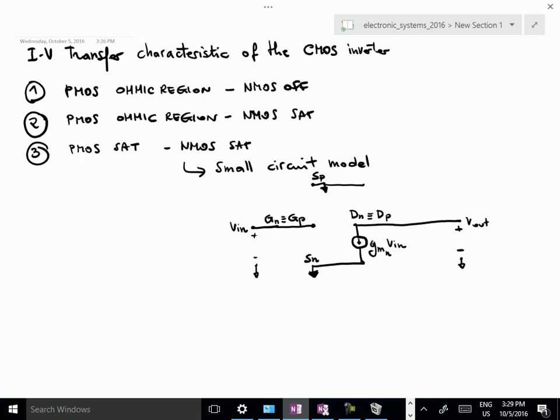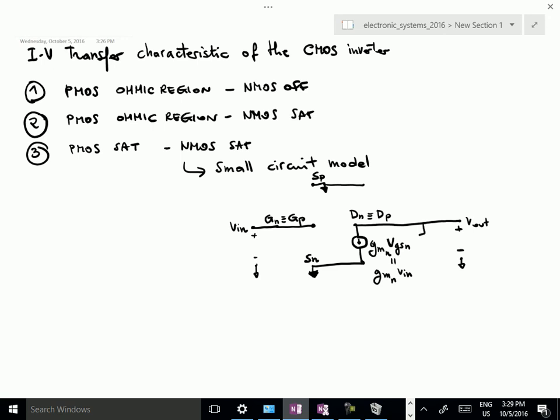Let me write it completely. This is going to be VGS-N, but is equal to GMN V in. I'm adding N as an additional index in order to specify that we are talking about the NMOS.